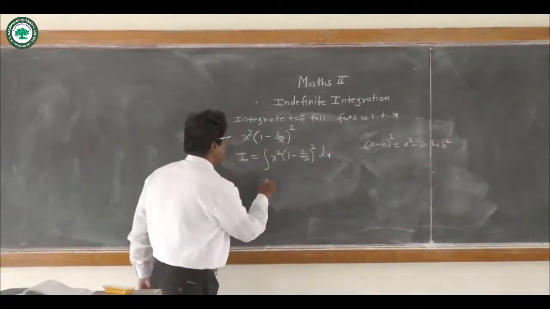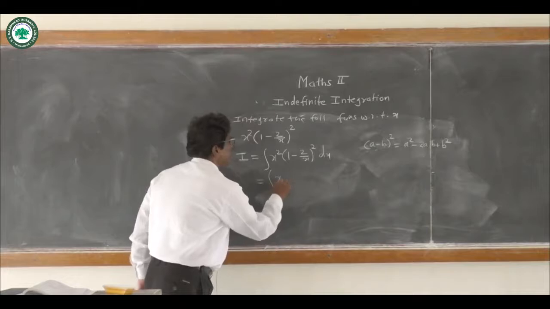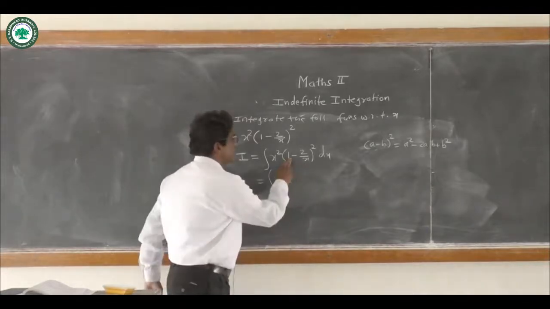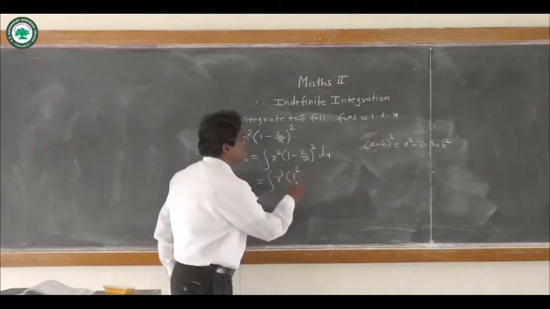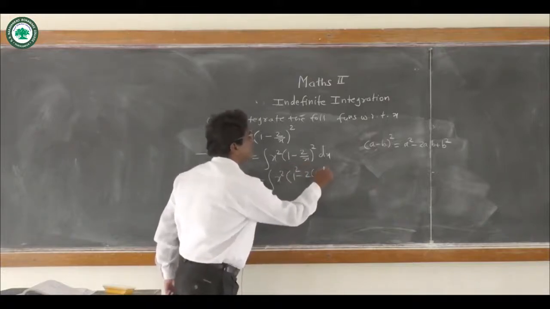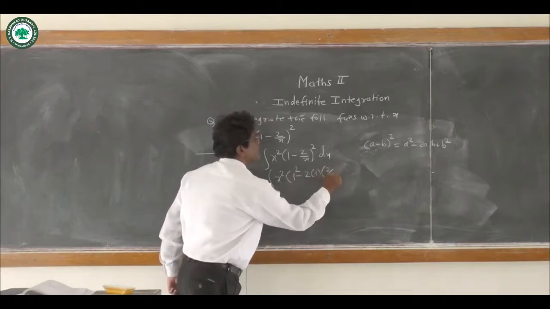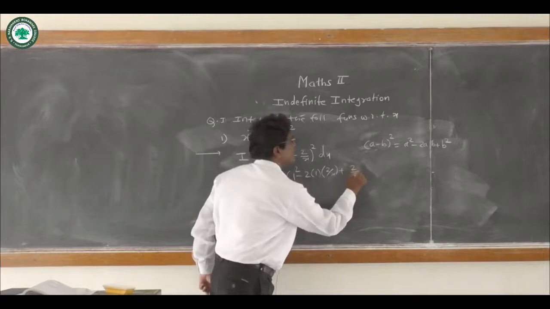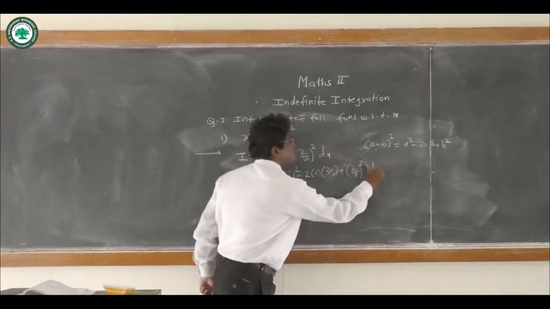And so it is equal to integration of x square. Expand this: a square means 1 square, minus 2 into a, that is 1, into b, 2 upon x, plus b square means 2 upon x bracket square, and write dx as it is.